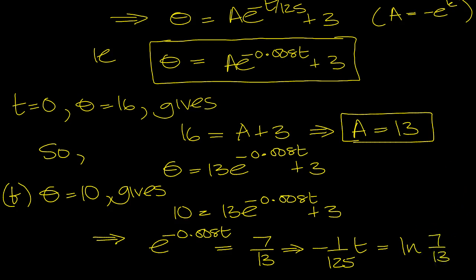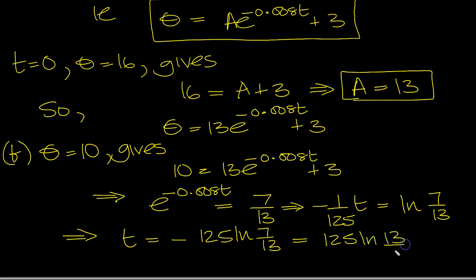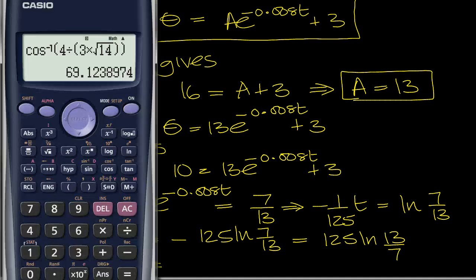So the time then is equal to minus 1 over 125 times... so move this up, move the minus over, ln of 7 over 13, which equals 125 ln of 13 over 7 if we invert the fraction and get rid of the minus. So you can either type in this or this, which equals, to the nearest minute, 125 times ln of 13 over 7 equals 77.37 minutes.